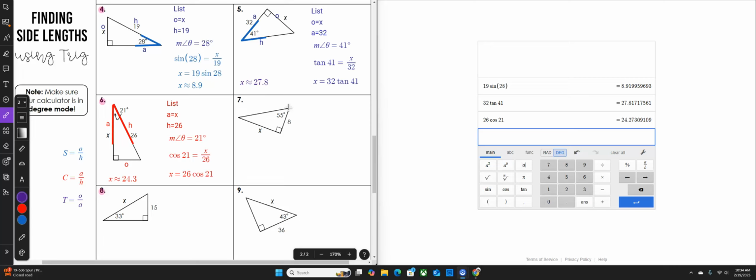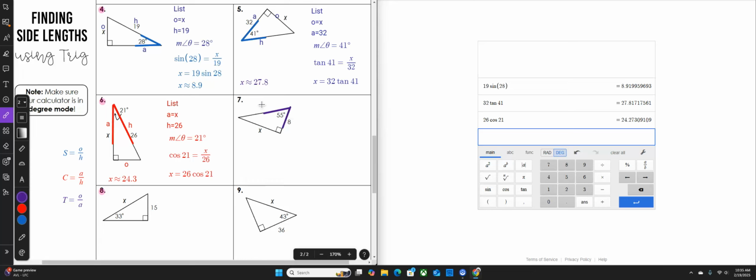All right, again, I'm going to move on to number 7, which is not required for the assignment, but again, if you choose to do it, it's going to be beneficial to you to have. So I highlighted my given angle. I'm going to label my sides.